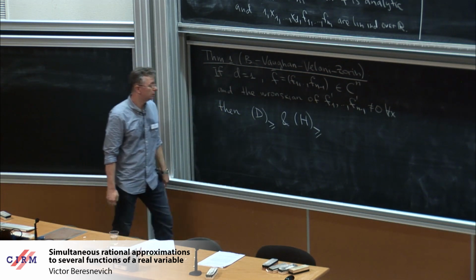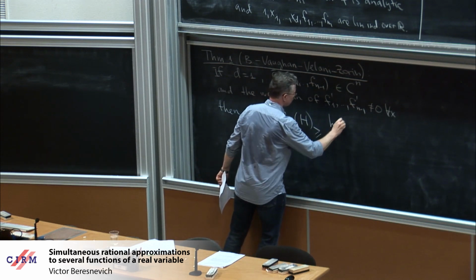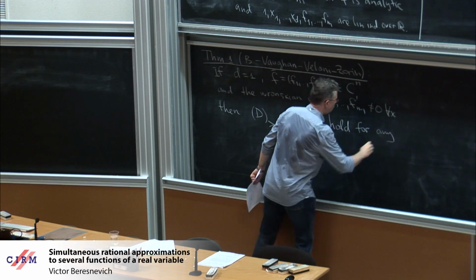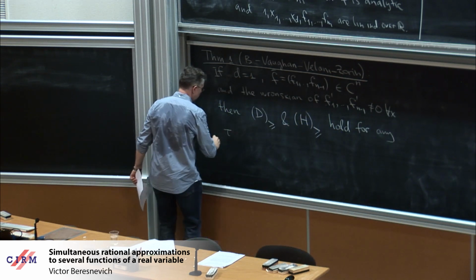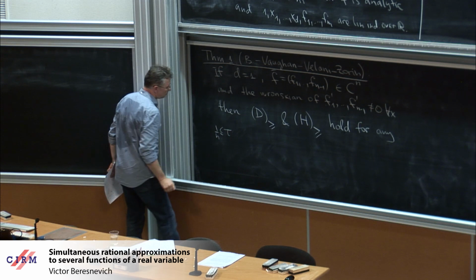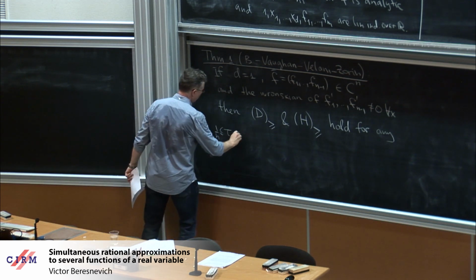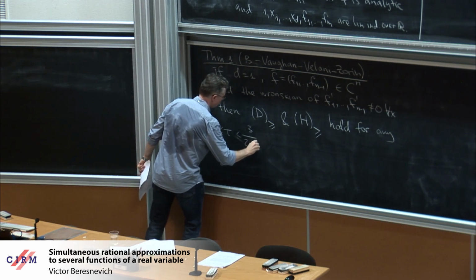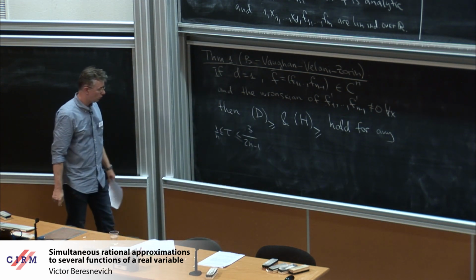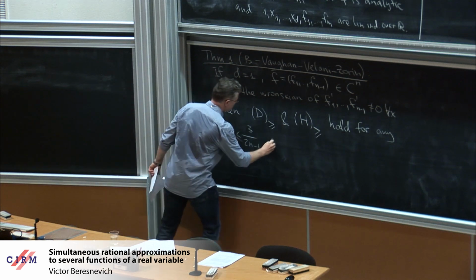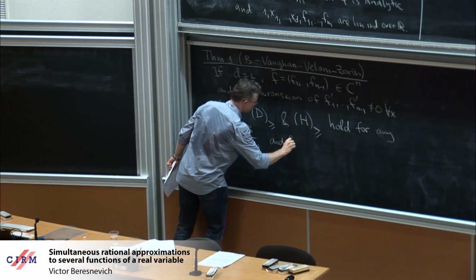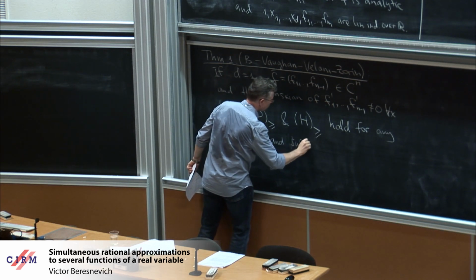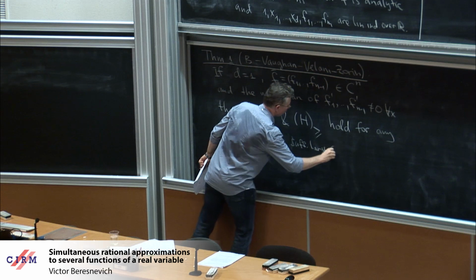Again, just the lower bound holds for any tau between 1 over n and 3 over 2n minus 1 and sufficiently large Q.